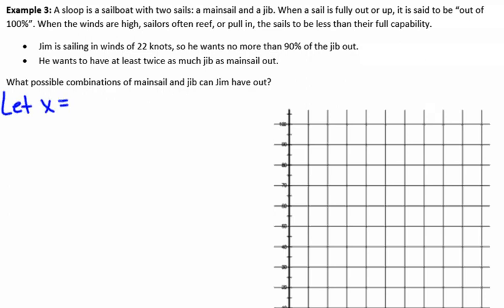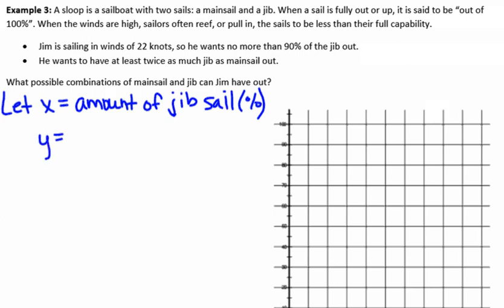Let's let x be the amount of jib sail out in terms of percent, and y can be the amount of mainsail in percent.